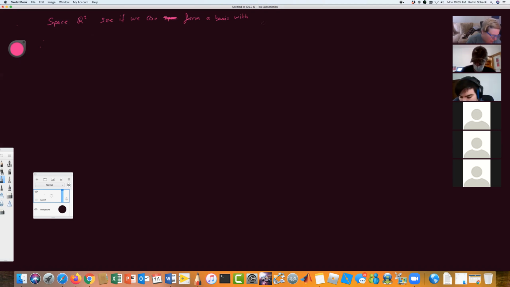Let's see, V1 equals (1, 2), V2 equals (1, 0), and V3 equals (-1, 1). What is your intuition about whether this is going to work as a basis for R2?